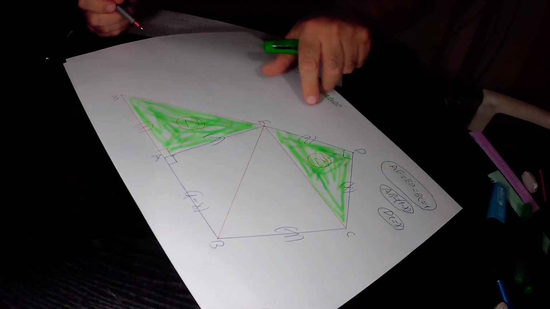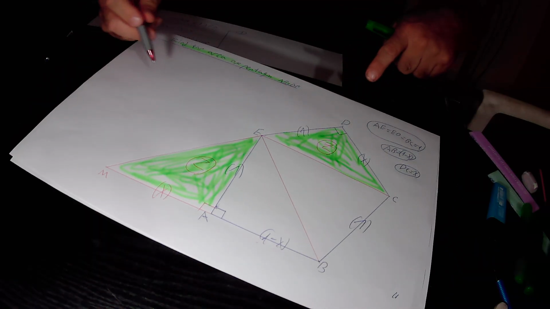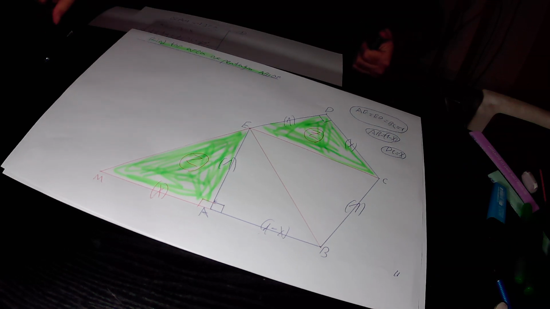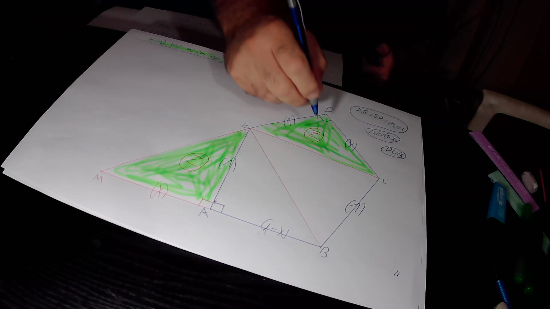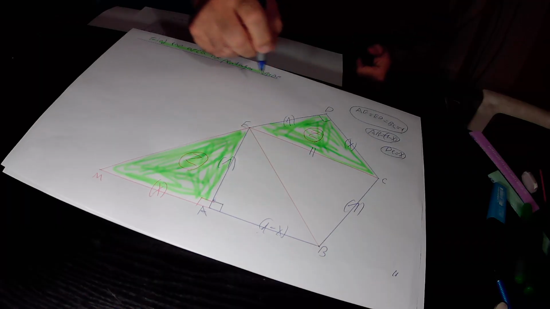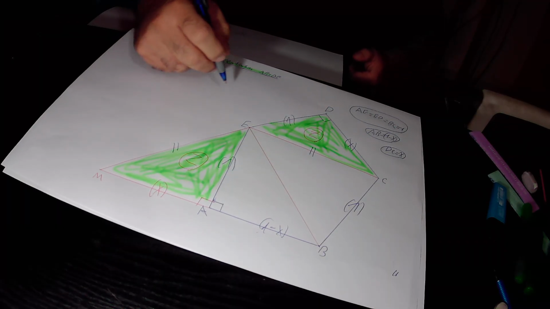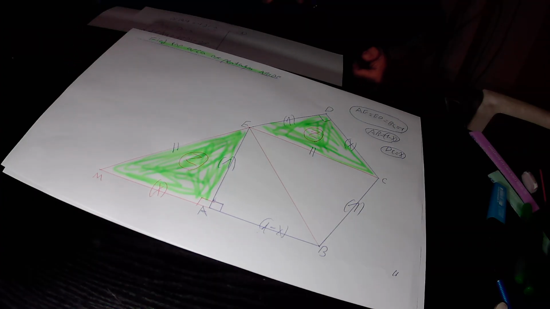And the second thing that we derive from the fact that those two right green triangles can go into each other is that side EC of the right green triangle EDC is equal to side EM of this green right triangle EAM. Why?